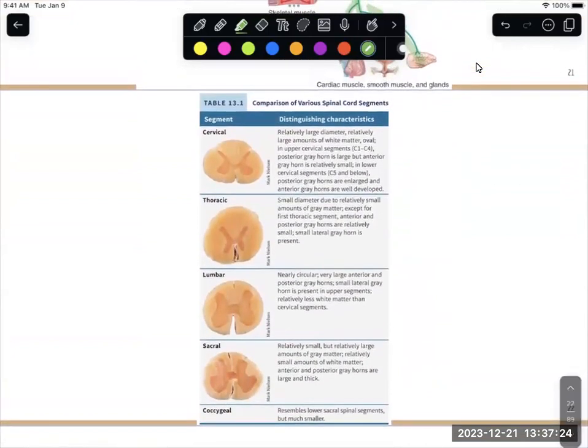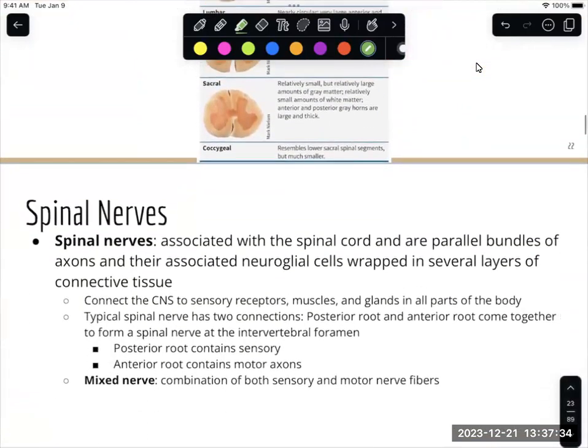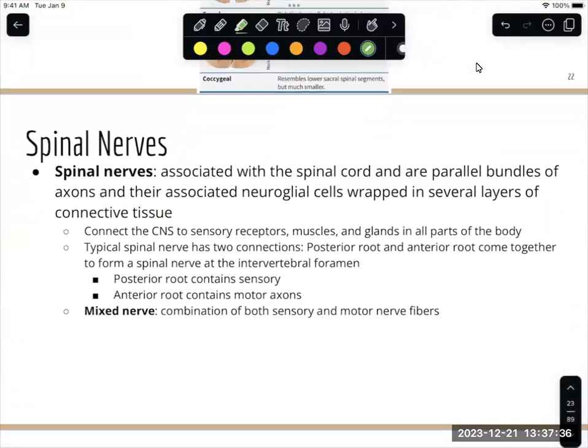So here's our spinal cord at the many different segments. What is happening in these different segments? Nice chart from your book. So let's look at spinal nerves exactly. What are they? A spinal nerve is bundles of axons. And again, they are wrapped in connective tissue.